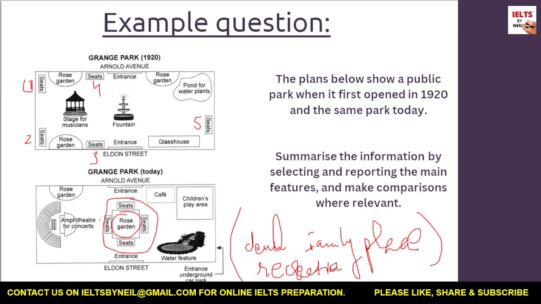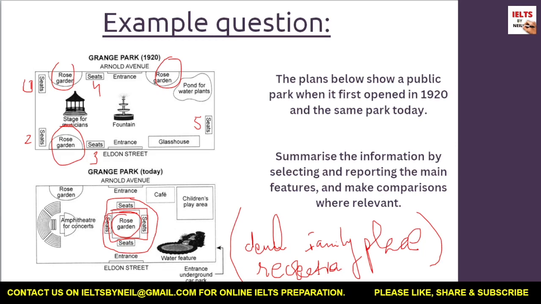So you can say relocation of the seats is done. It's a general view, right? And all the rose gardens, see this rose garden, 1, 2, and 3. These 3, 2 are finished, okay, and one rose garden has been set up in the center of the park. Now these are some main features that we have discussed, right?